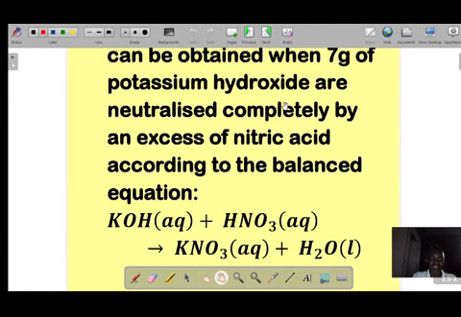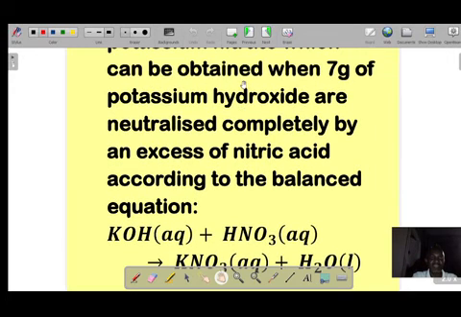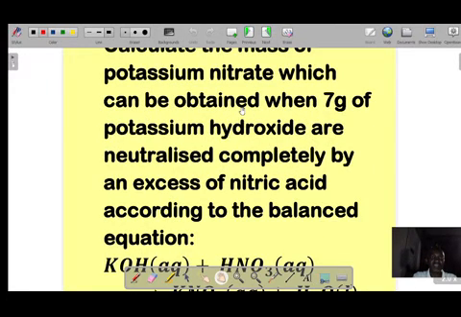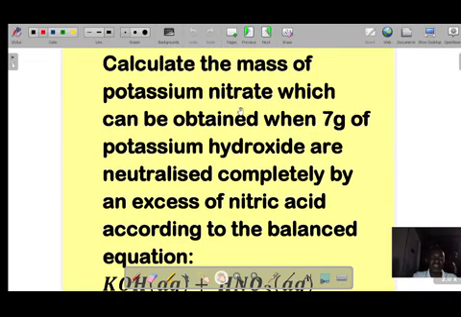What does the question say? They say calculate the mass of potassium nitrate which can be obtained when 7 grams of potassium hydroxide are neutralized. So I have 7 grams of what? Of potassium hydroxide. And I want the mass of potassium nitrate.